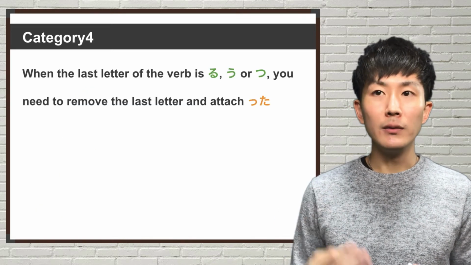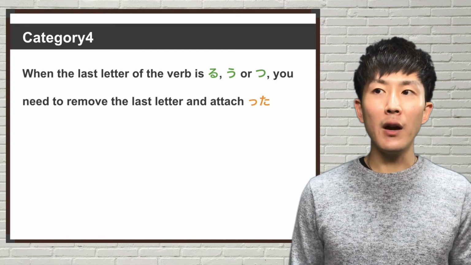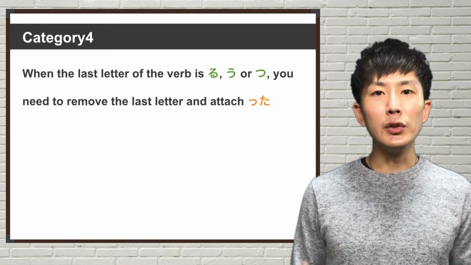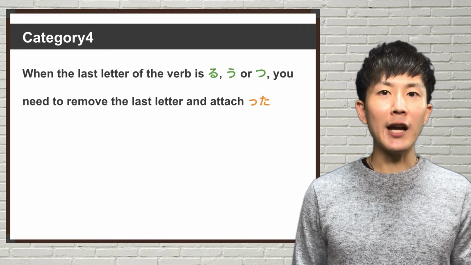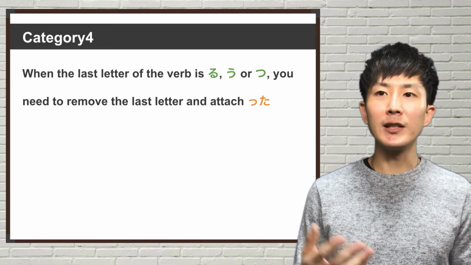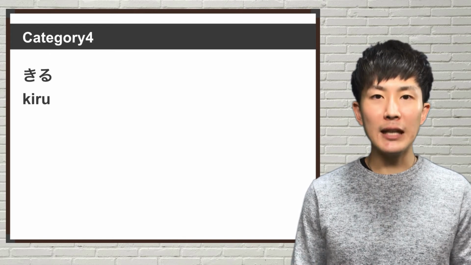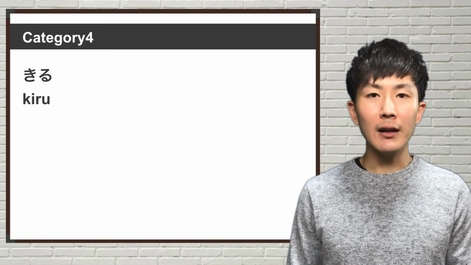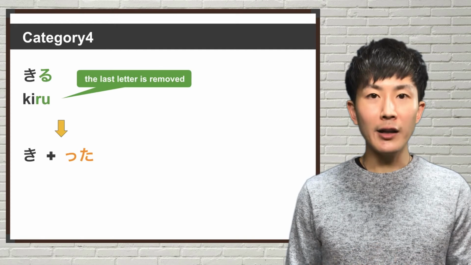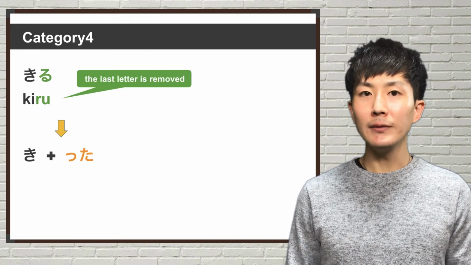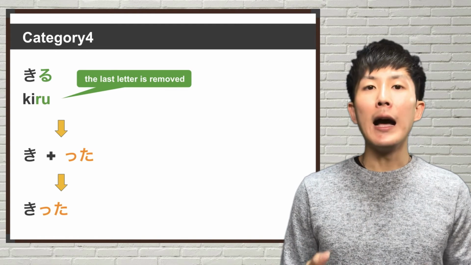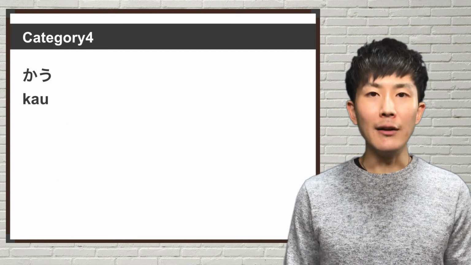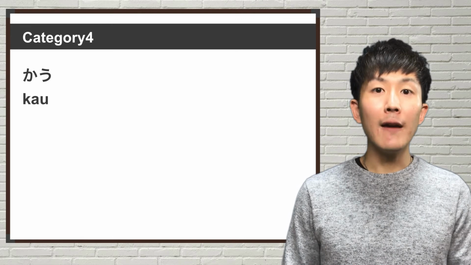Okay, category 4. When the last letter of the verb is る, う or つ, you have to remove the last letter and attach た. For example, 切る, which means cut. Then remove the last letter and attach た. So it becomes 切った. I cut it. 買う, which means buy.